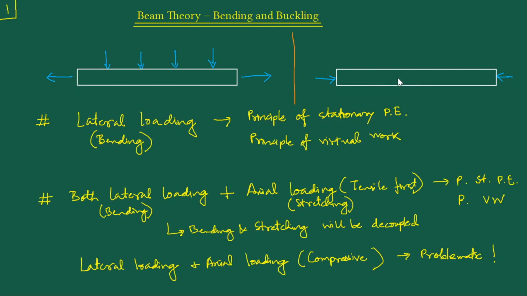Now, that is where the problem lies with this kind of theory: if the theory predicts that the bending and the compression are decoupled, then no matter how high a force you give here, it will never predict any kind of bending here, the bending due to buckling. And that is why this is problematic.